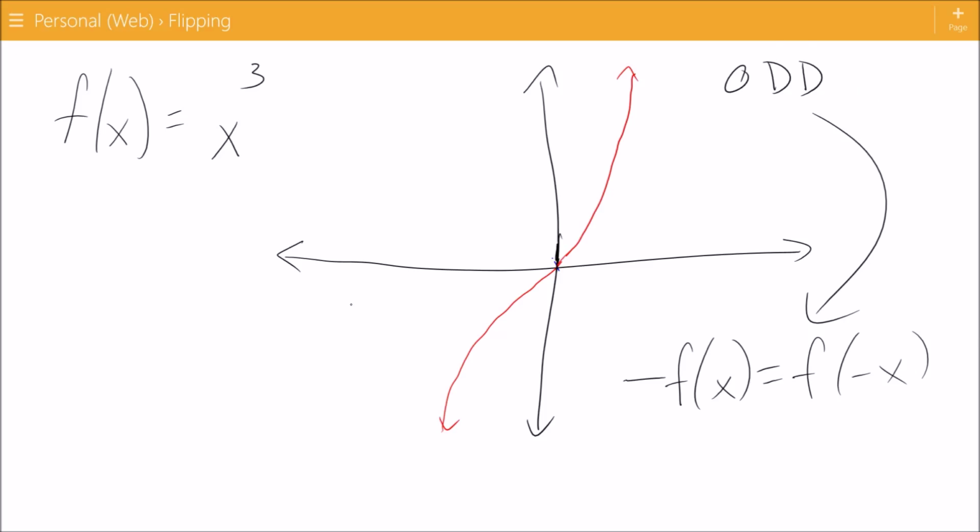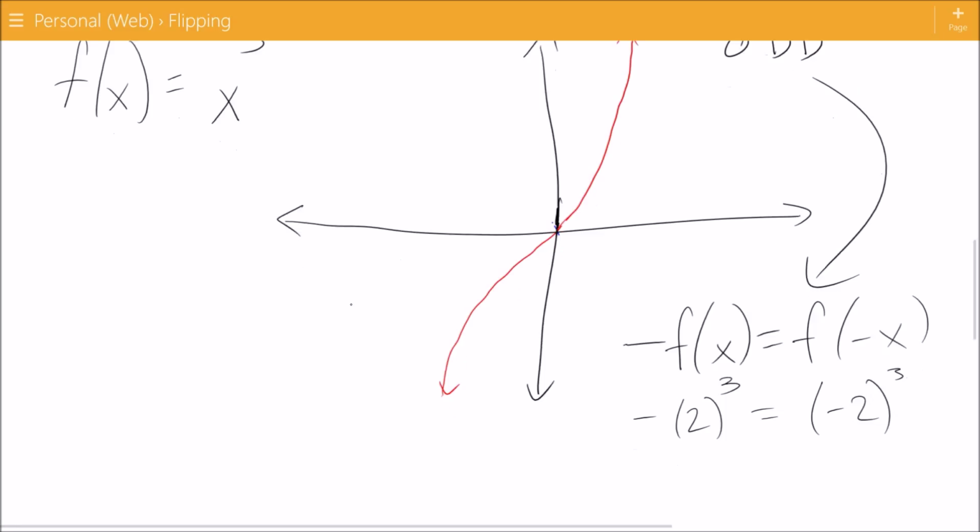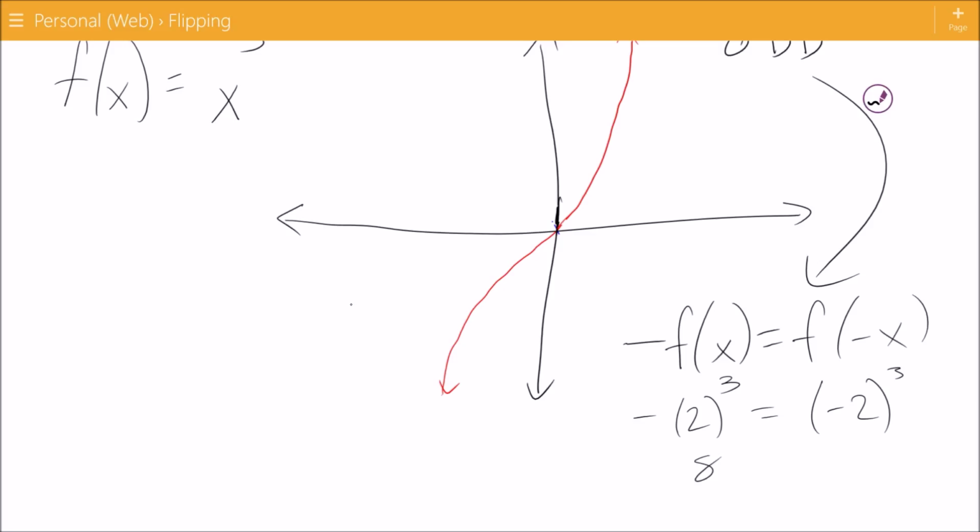So what does this mean? Well, let's be adventuresome again and use the number 2 as our input. 2 cubed, and then I have to apply the negative here, so negative the quantity 2 cubed is equal to negative 2 cubed. 2 cubed would give me 8, then I have to apply the negative, equals, negative 2 cubed is, well, negative 8.